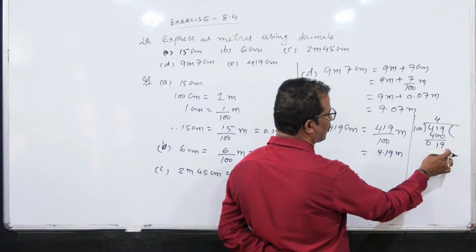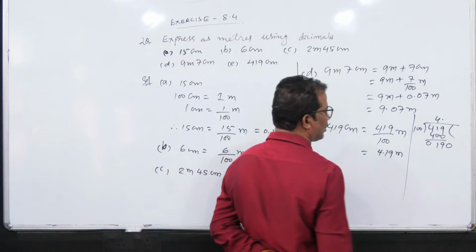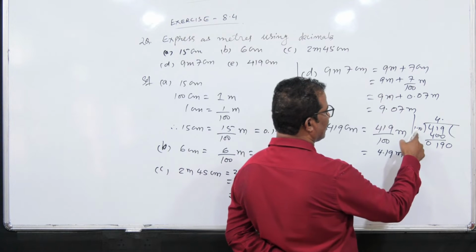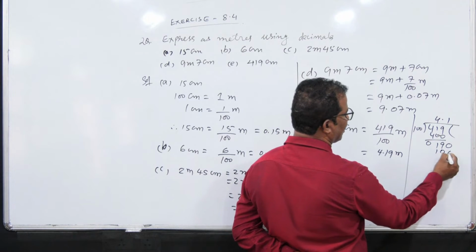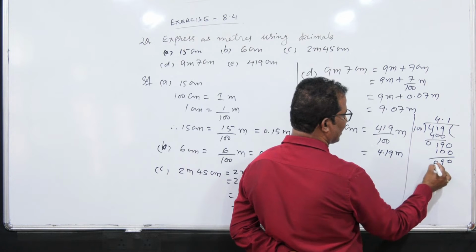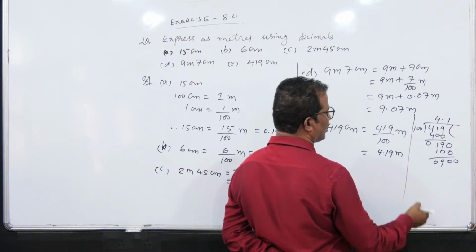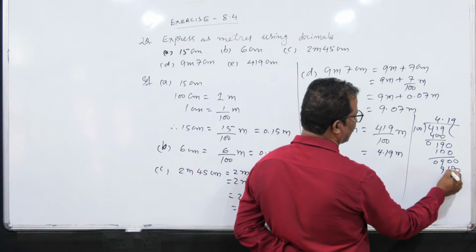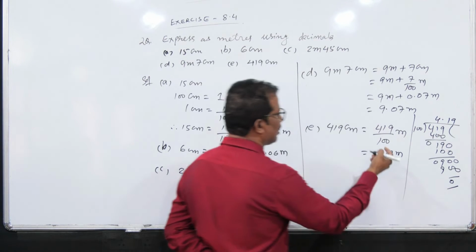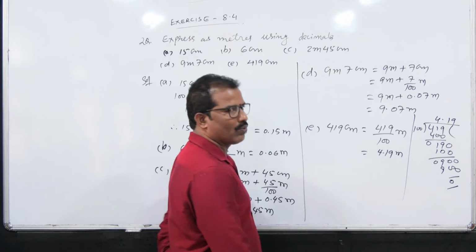No number will come down, so we can put a point here. For this point, we can add 0 here. So it is now 190. If you divide 190 by 100, 100 ones are 100. So 90 remaining. And for this we can add one more 0 here. Now it is 900. So 100 nines are 900 only. So the decimal form of 419 by 100 is 4.19 meter.